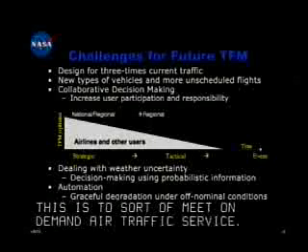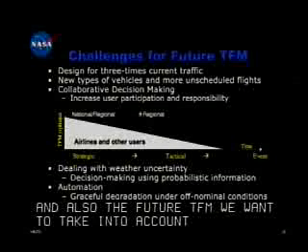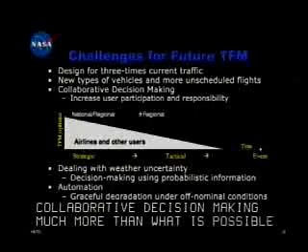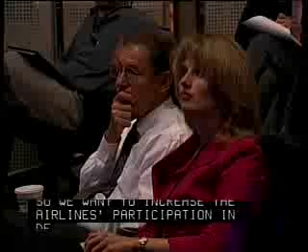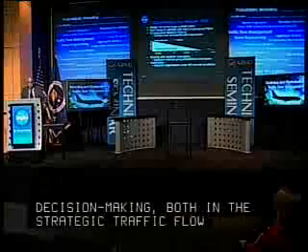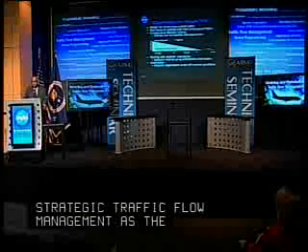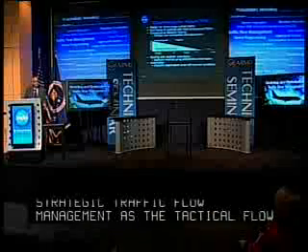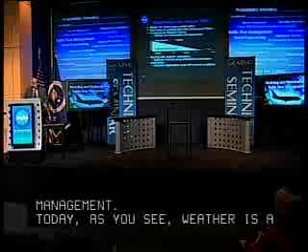And also in the future TFM, we want to take into account collaborative decision making much more than what is possible today. So we want to increase the airlines' participation in decision making, both in the strategic traffic flow management as well as tactical flow management. And as you saw, weather is a major uncertainty today. In all our decision-making, weather is considered to be deterministic.